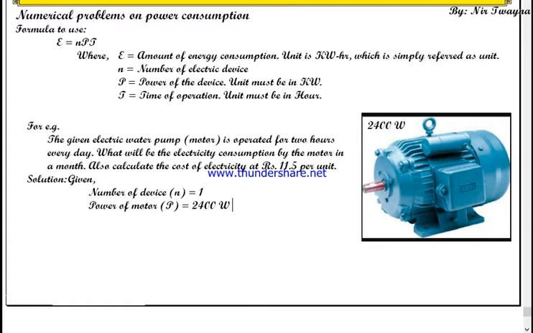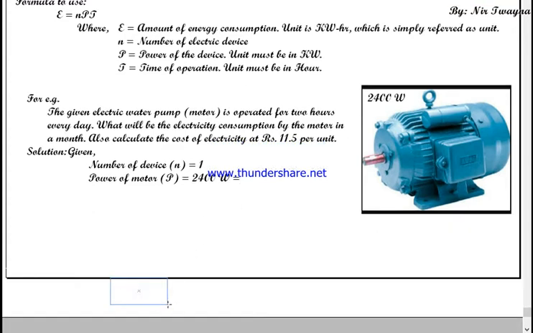So how to convert it into kilowatt? Anyone knows how to convert watt into kilowatt? Well, it is very simple, divide it by 1000. If you divide it by 1000, then it will become kilowatt.